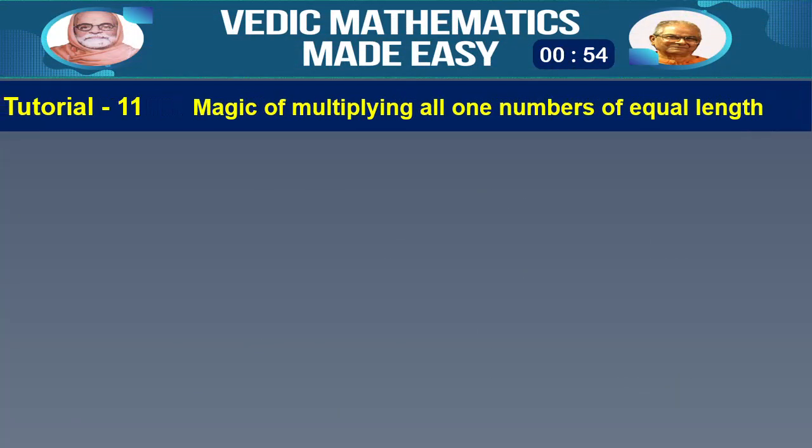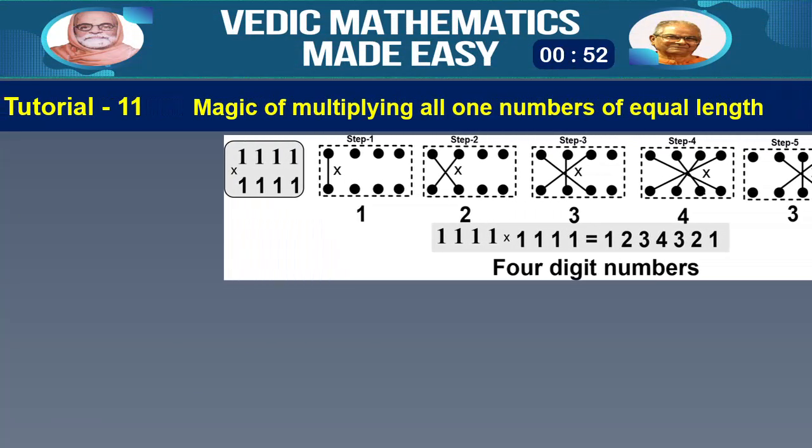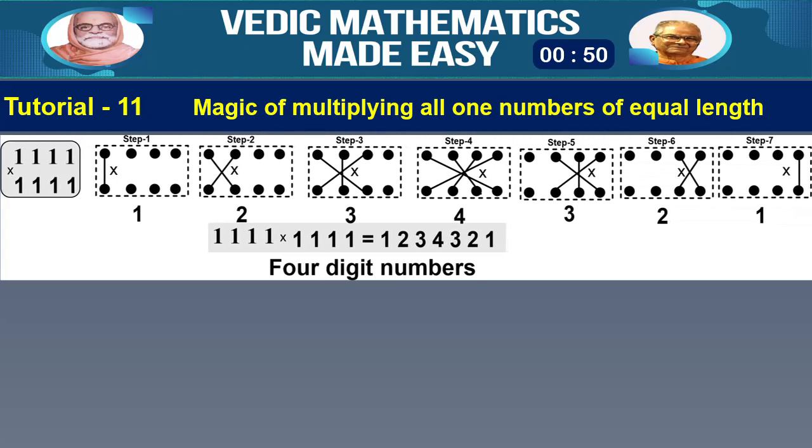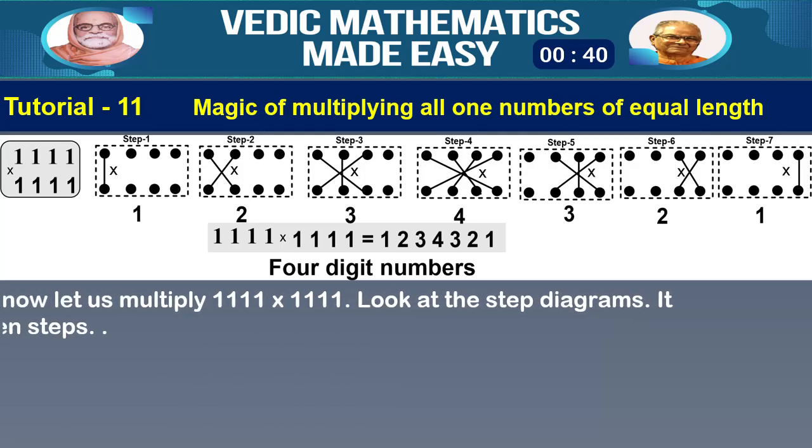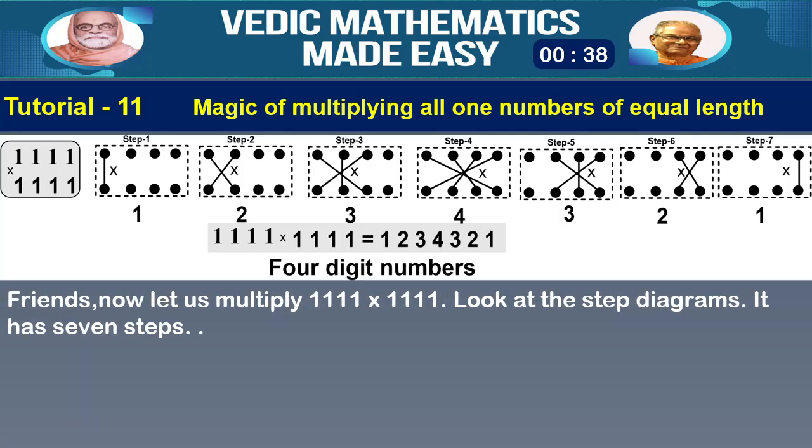Friends, now let us multiply 4 ones into 4 ones. That is 1111 into 1111. Look at this step diagram. It has 7 steps.